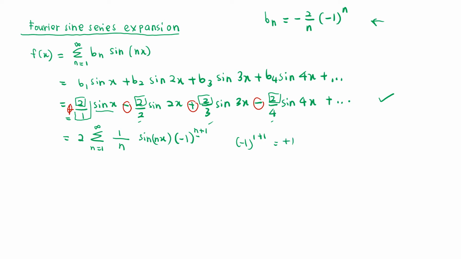That is why we have to raise negative 1 to the power of n plus 1. Okay, and then we rewrite it back. We get negative 1 to the power of n plus 1 over n sine of nx, where n starts from 1 up until infinity. So this is the Fourier sine series expansion.